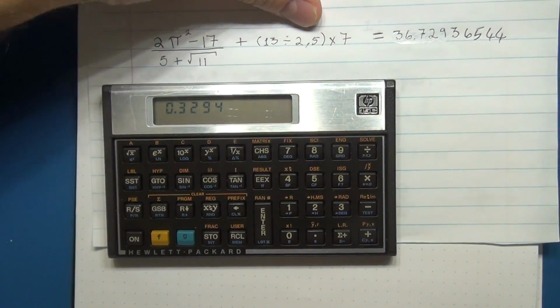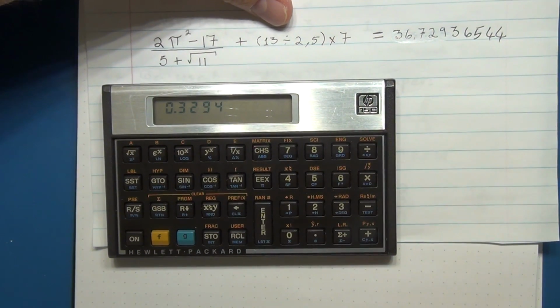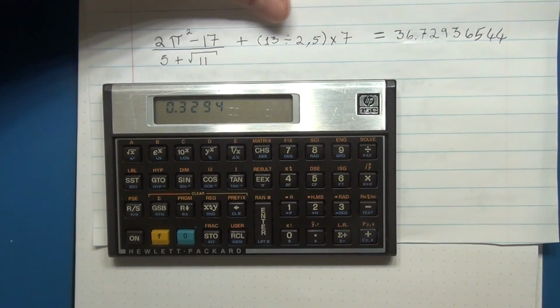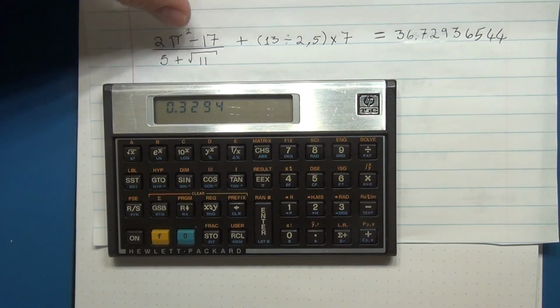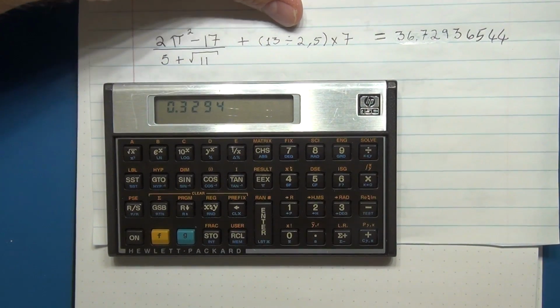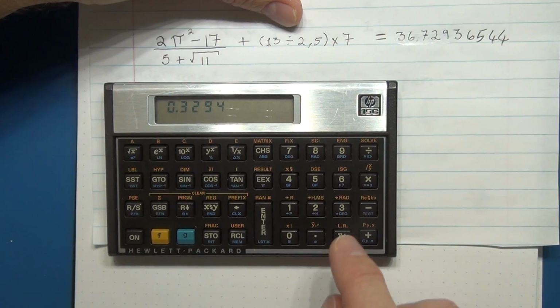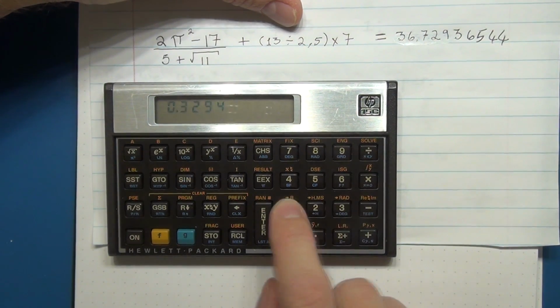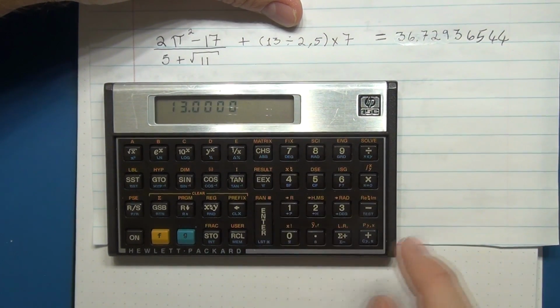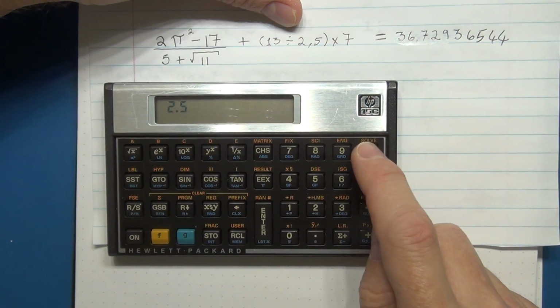Now we move on to the next part of the problem, which is what we've got in the parentheses. Remember, this is also good maths training because you're doing this according to the order of operations that you should know. So now we're going to do this set of parentheses or brackets. We're going to go 13, enter, 2.5 divide.